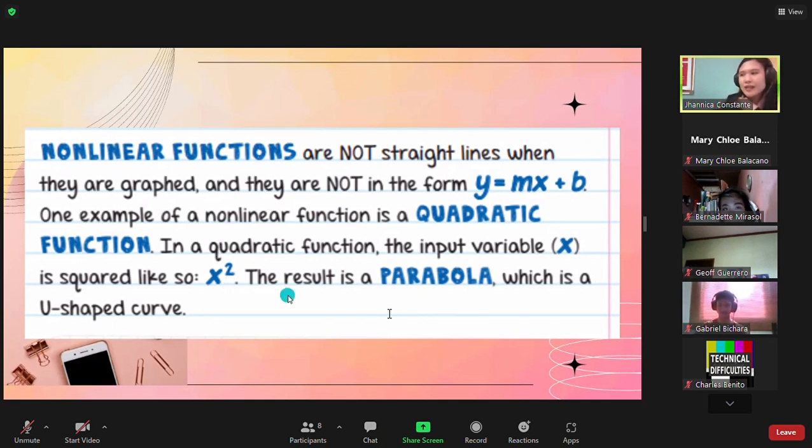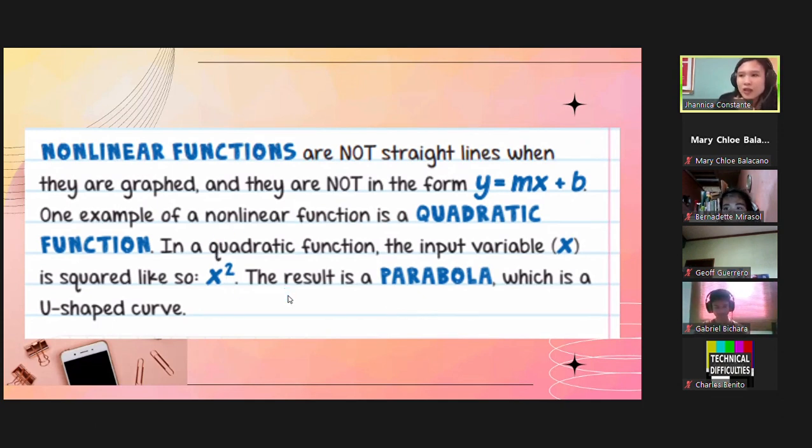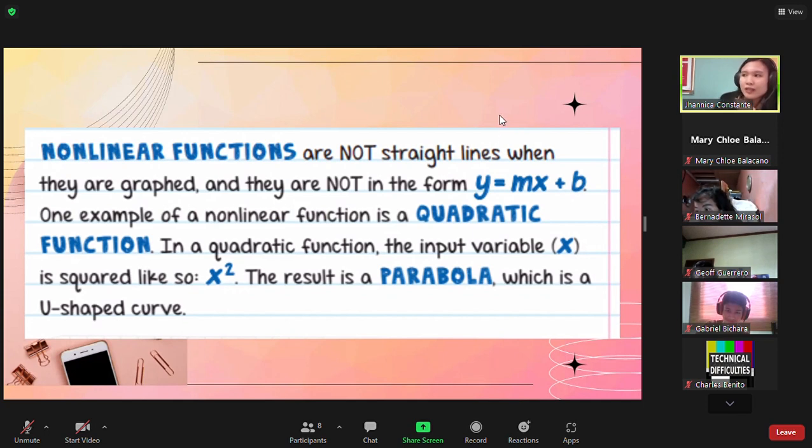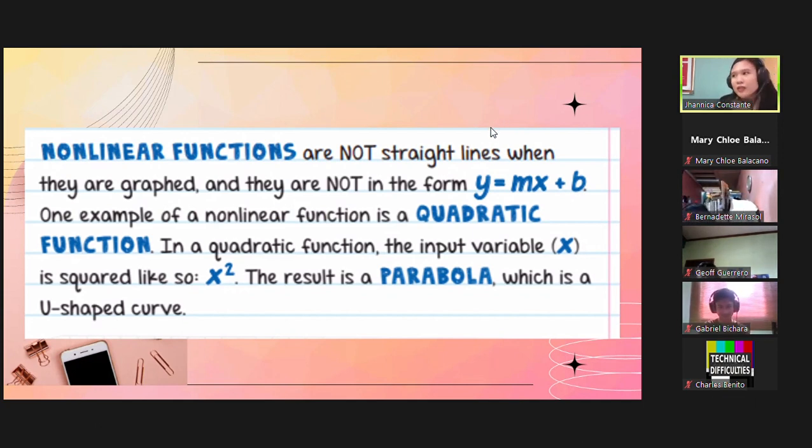One example of a nonlinear function is our quadratic function, wherein when we graph it, the shape of the graph is what we call the parabola, which is the U-shaped curve of our quadratic function.